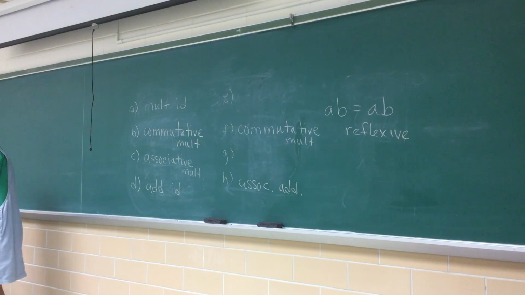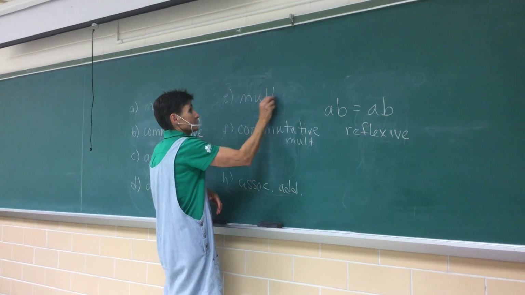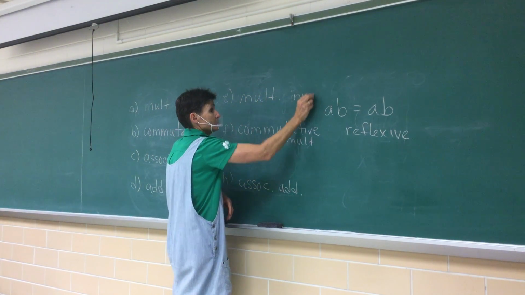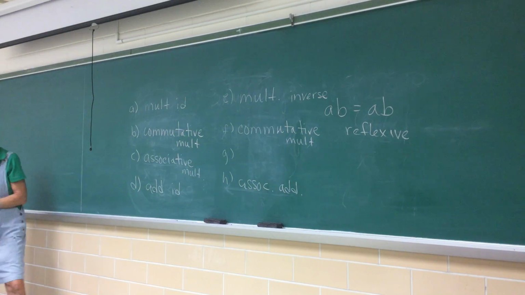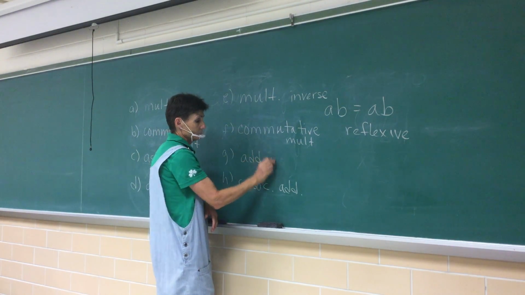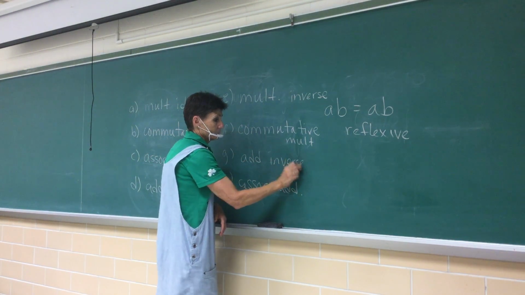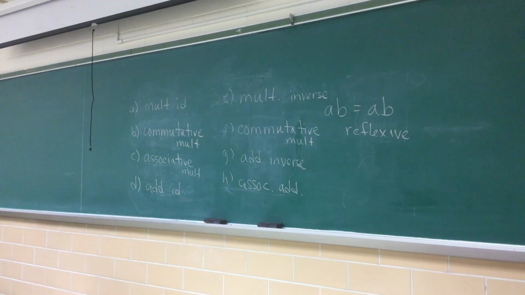So letter E is the multiplicative inverse, and letter G is the additive inverse. When they cancel each other out, 7 plus -7, gone. That's inverses.